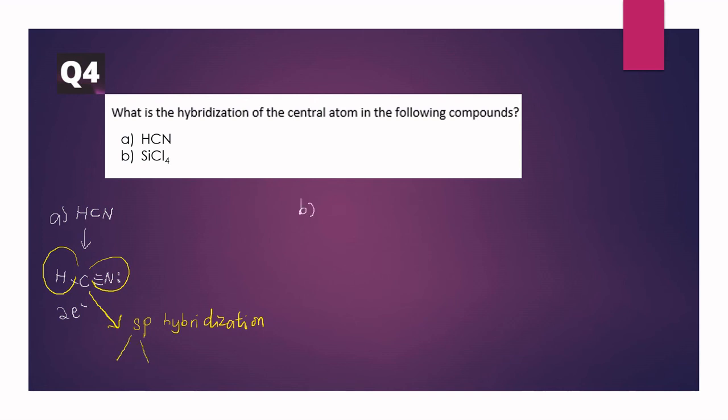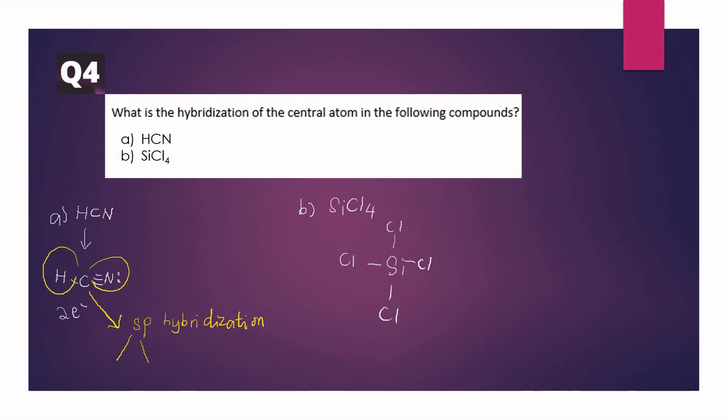Now let's take a look at the second molecule, which is silicon tetrachloride. The Lewis structure of this silicon is like this.